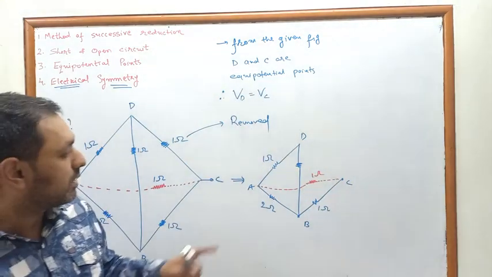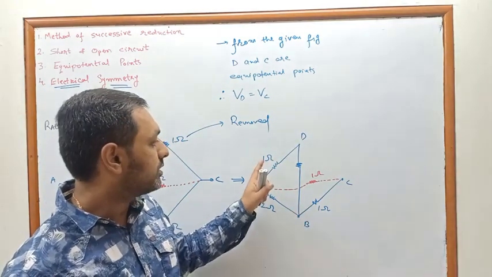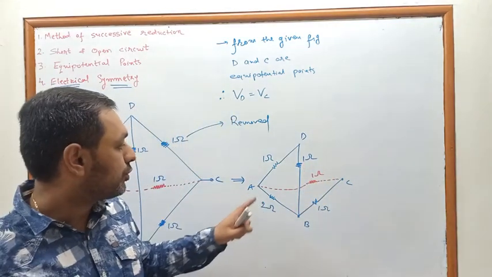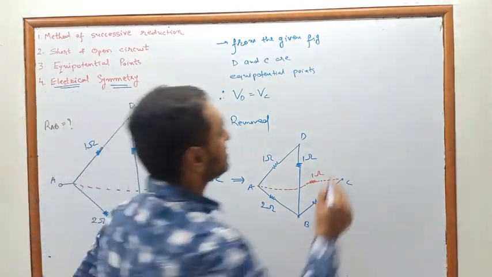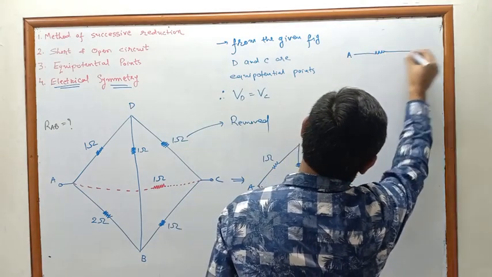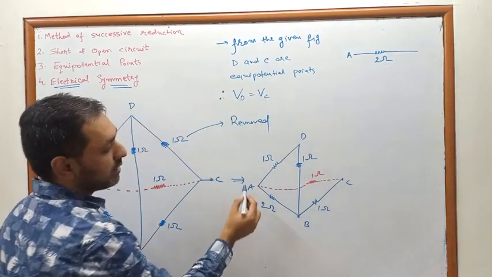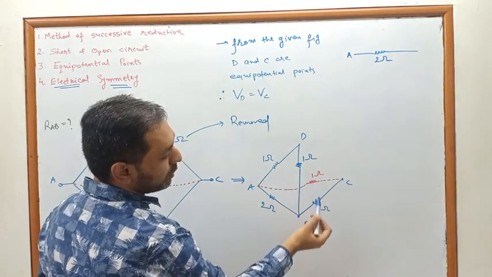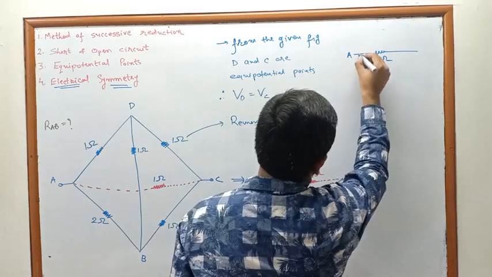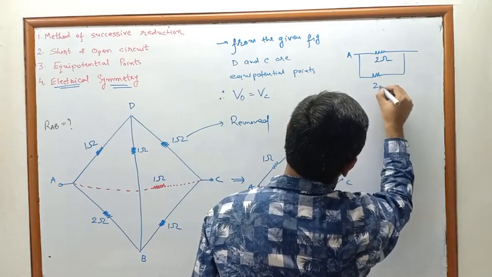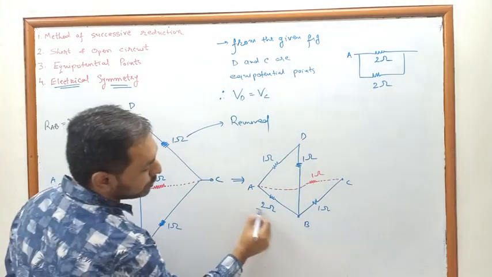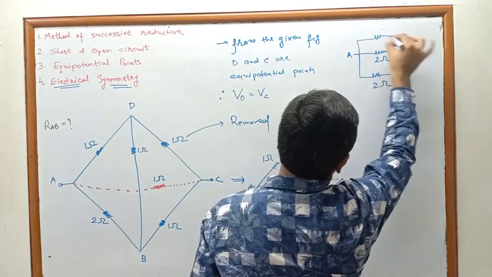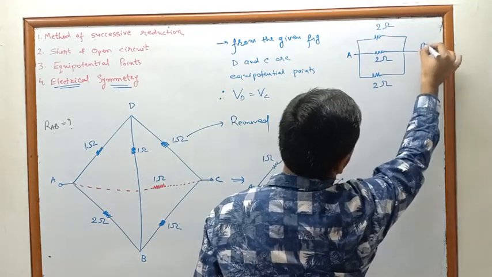Now in ADB, this 1 ohm and this 1 ohm resistor are in series. So you can say between A and B, a 2 ohm resistor is there. Consider this part ACB. This 1 ohm and this 1 ohm resistor are in series. So 1 plus 1 means 2 ohm. And this 2 ohm resistor is already connected between A and B. So this one is also 2 ohm.